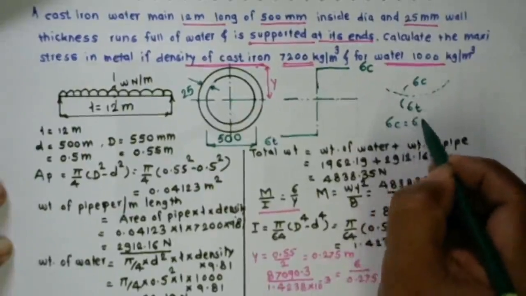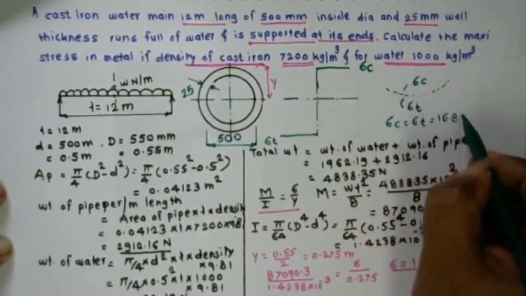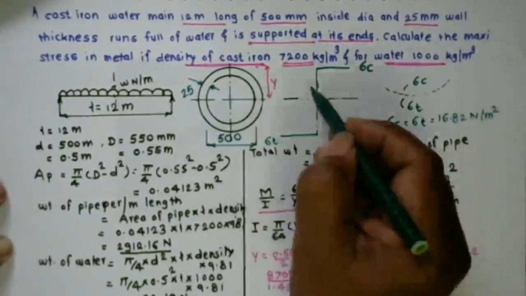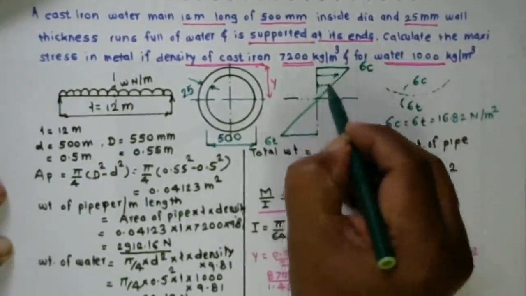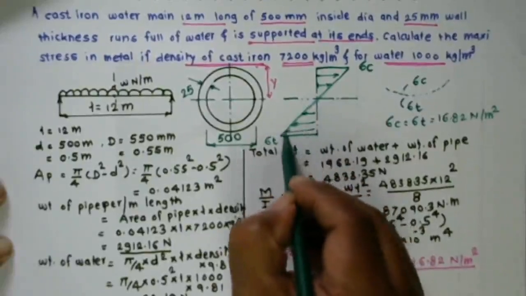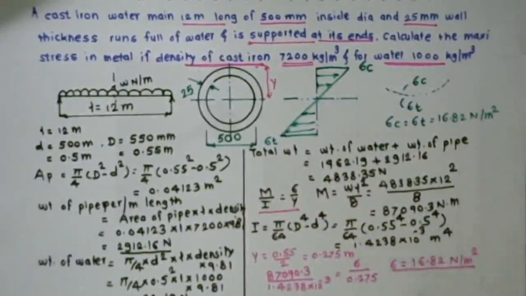So sigma c is equal to sigma t is equal to 16.82 Newton per meter square. If we join this in this way, this is the stress distribution diagram for this compressive stress and tensile stress.